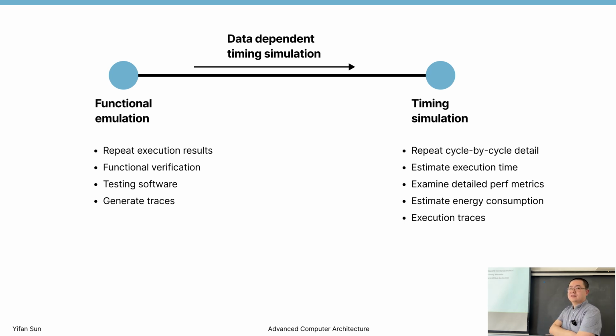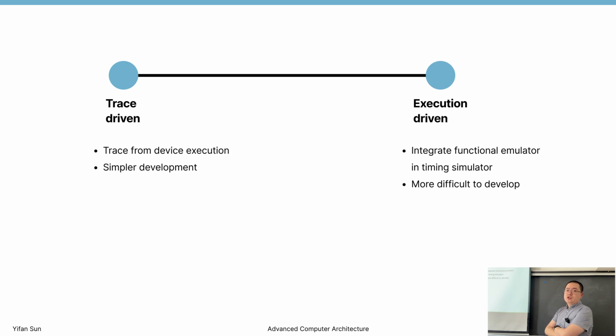Okay, then another way to separate simulation: trace-driven and execution-driven. Last time we talked about execution traces. What is a trace-driven simulation? A trace is typically collected from a real hardware execution. For example, if we know all the instructions executed by a CPU or a GPU, we can print them in a file, then feed this file into a simulator.